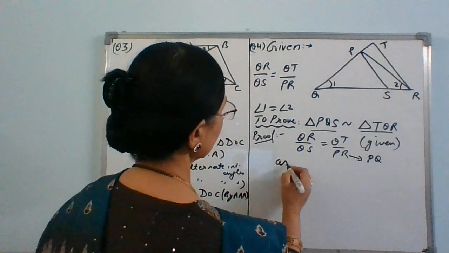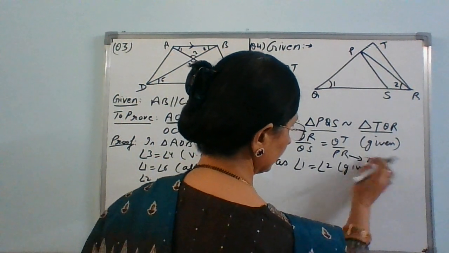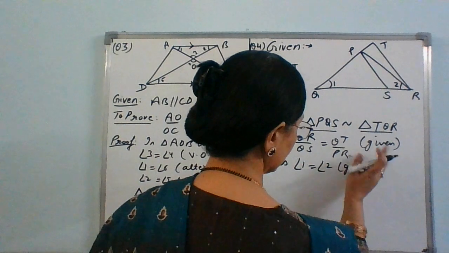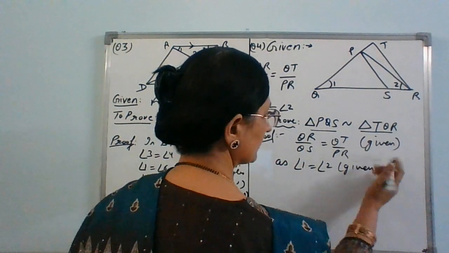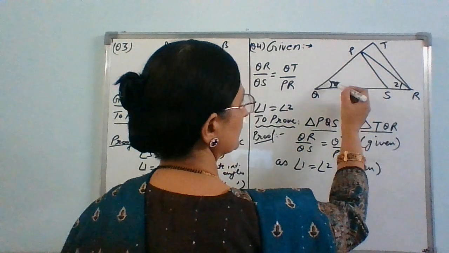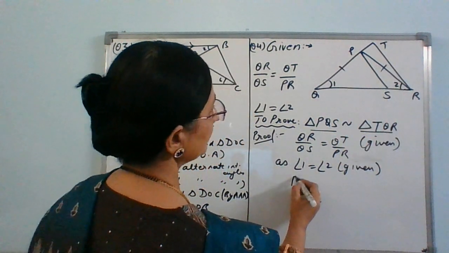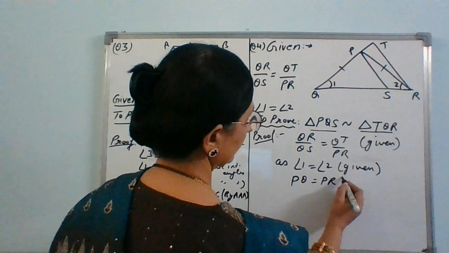Now angle 1 is equal to angle 2, it is also given, right? In this triangle, when 1 is equal to 2, their opposite sides are equal. So it means PQ will be equal to PR, right?